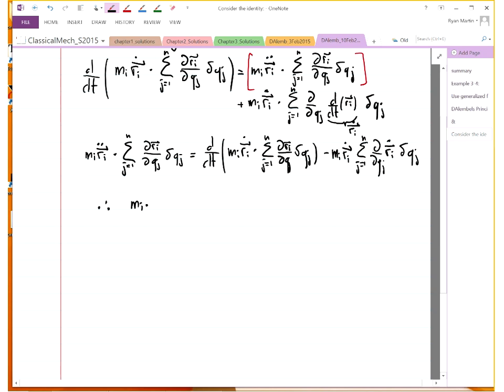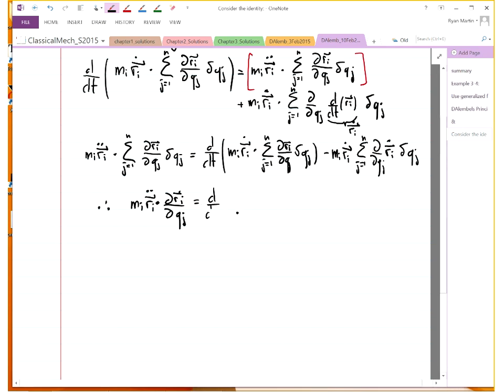So I can write this as m_i r_i vector double dot ∂r_i by ∂q_j, where there's a dot product there. The sum over j equals 1 to n and the δq_j I can omit.